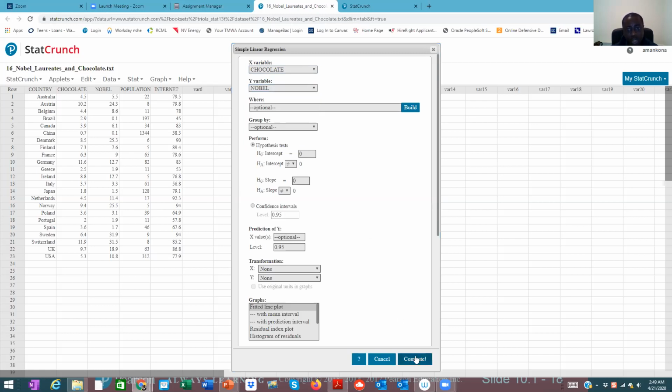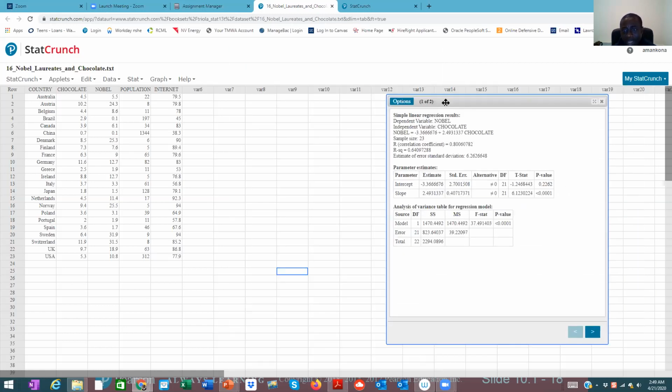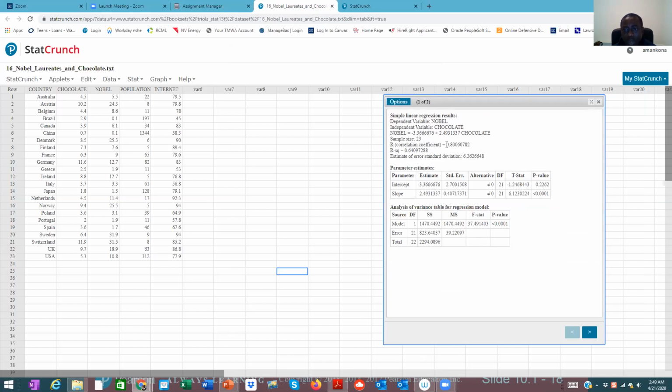Then say compute. Okay, now what is my correlation coefficient? You see it's 0.8006. So to 3 decimal places it will be 0.801. Okay, so you see where the R, the 0.801, is coming from.